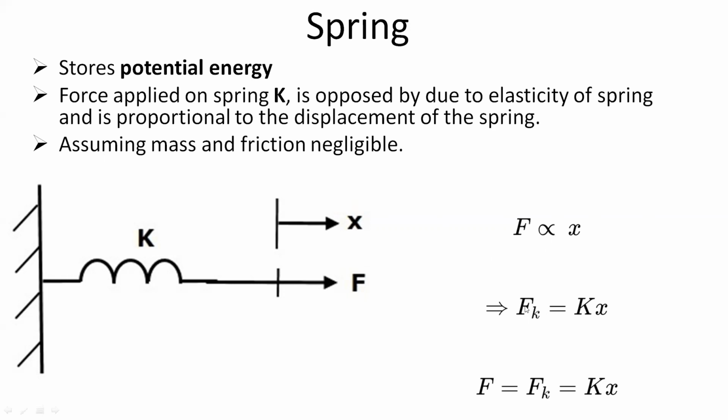So Fk, because of elasticity, is equal to kx, where K is the spring constant. Finally we get F equal to Fk equal to kx, where F is the applied force as usual, Fk is the opposing force due to elasticity of the spring, K is the spring constant, and x is the displacement.